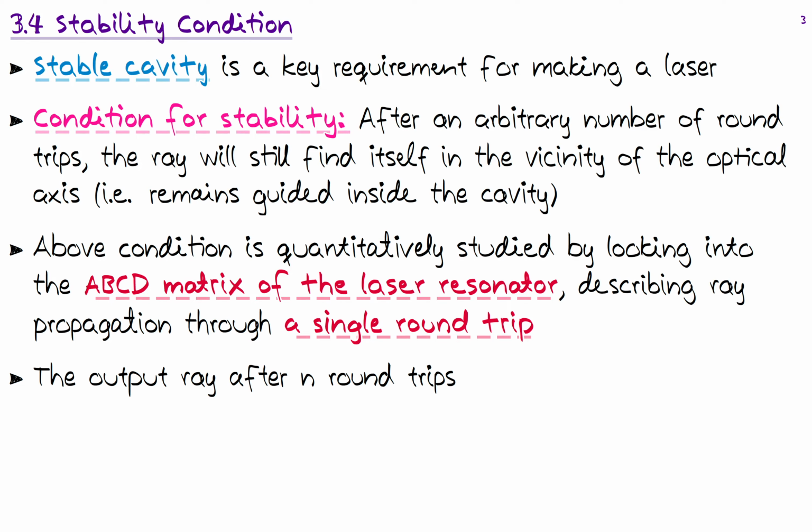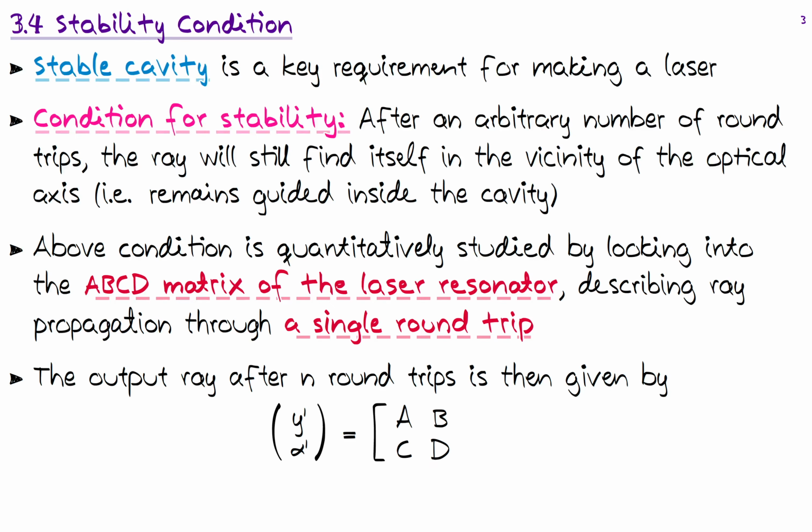The output ray after n round trips is given by the following mathematics. We have an ABCD matrix telling us how a single round trip changes the input ray, and we multiply that to the power of n, where n is the number of round trips.